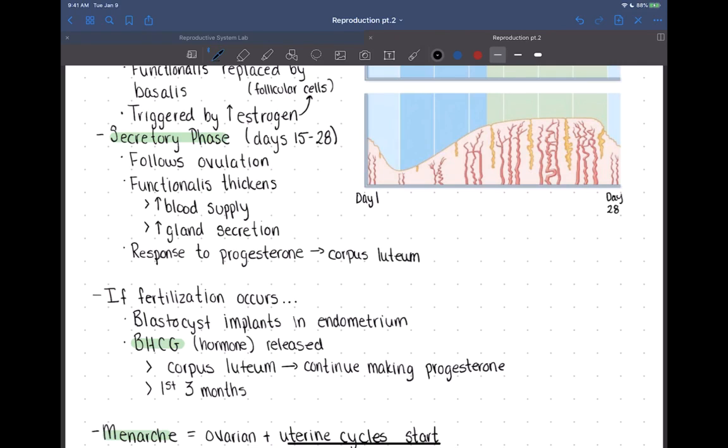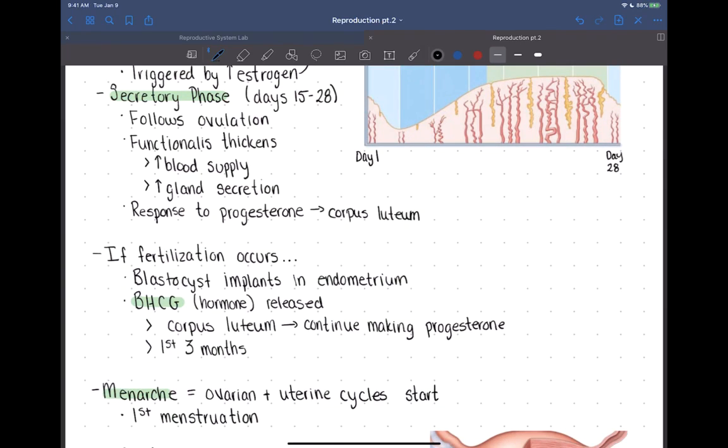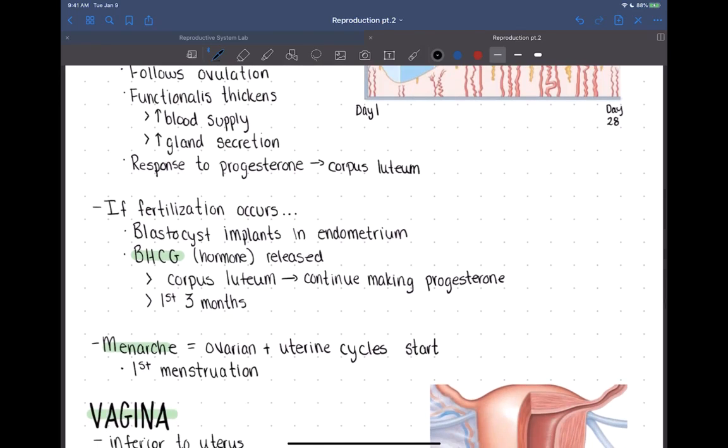So let's talk about what actually happens if the egg is fertilized. If fertilization occurs, the blastocyst is going to implant in that endometrium. When it implants, it releases a hormone called beta-HCG. That's actually the hormone that pregnancy tests will test for.